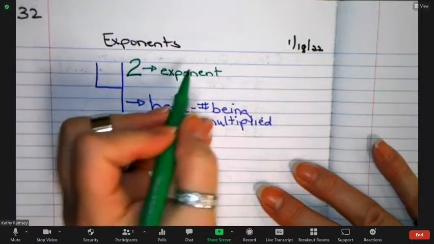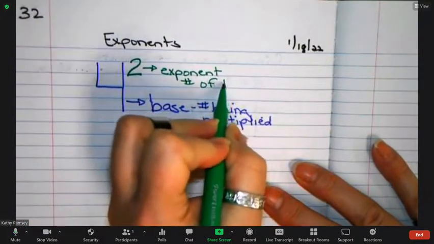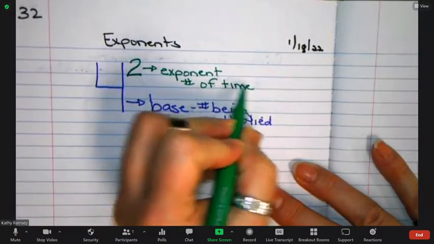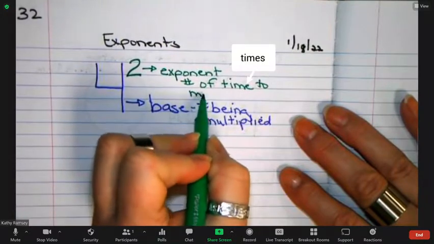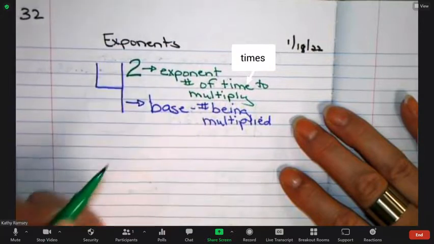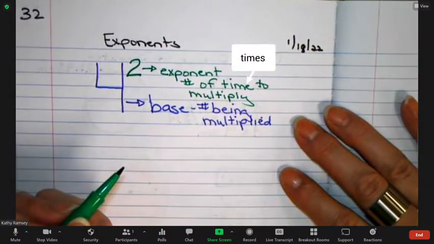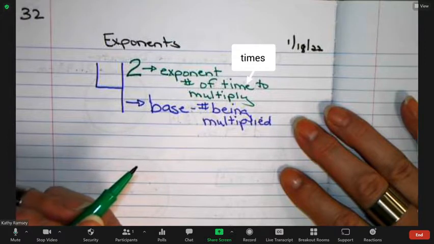That is the number of times to multiply. Give you a second to catch up there.